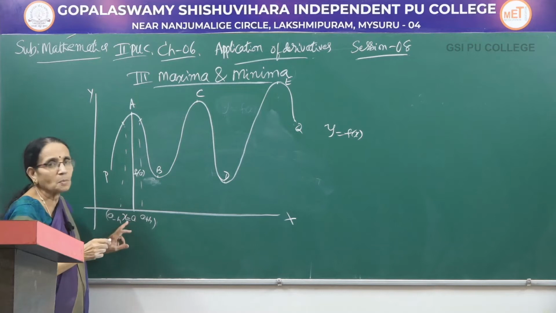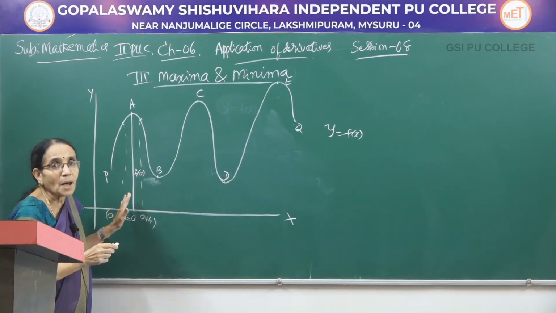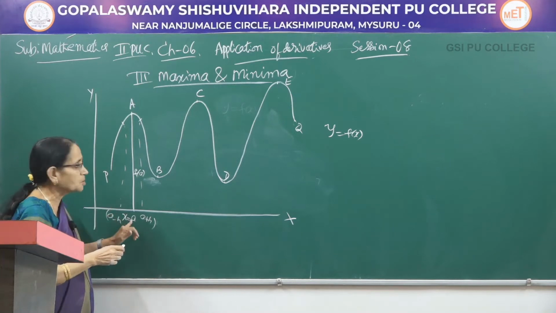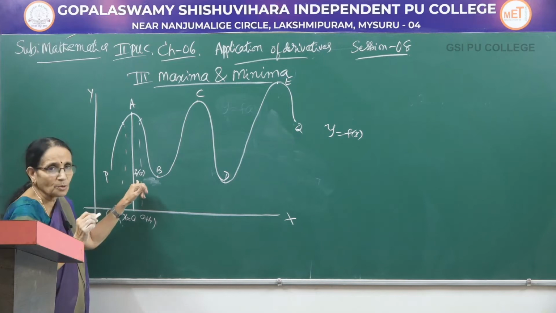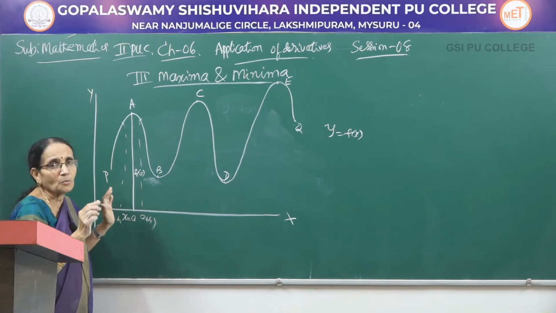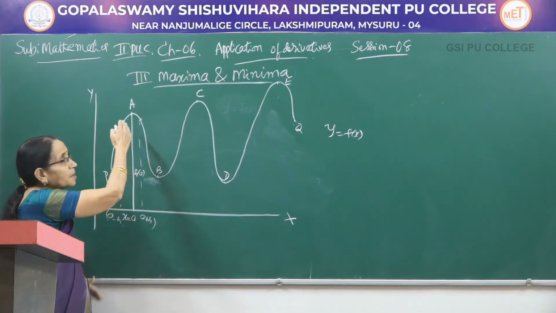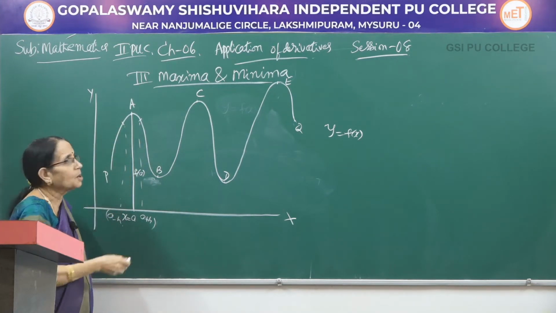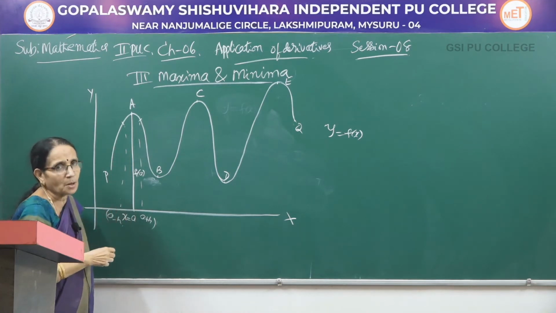This is a local maximum point, and that value is called the local maximum value. So x equal to a is a point of local maxima, and the value f(a) is a local maximum value. Local means when you take that particular interval, in that interval it is attaining a maximum value. So it is called a local maximum value, local maximum point.